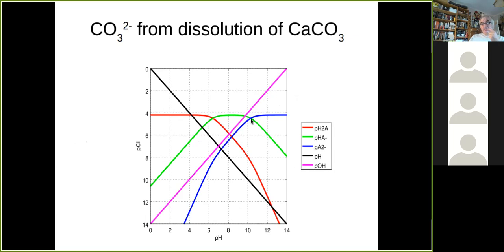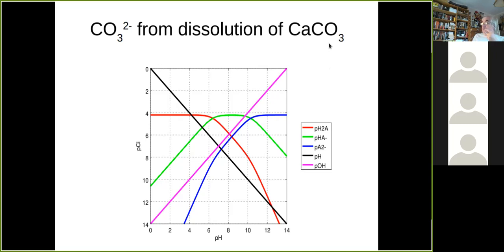A bit worrying, but if you would increase this level, say that you would be here on a value of 2 or something like that, that would mean just moving the whole graph above. Then you could actually stay with carbonate ion in the solution. But that is not possible with calcium carbonate.